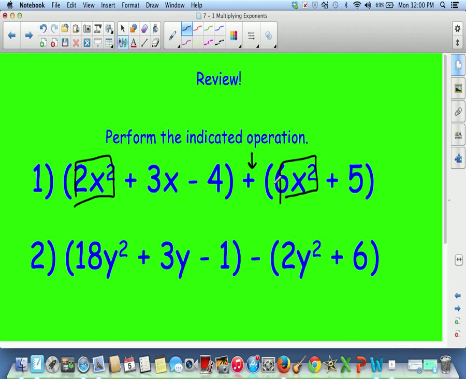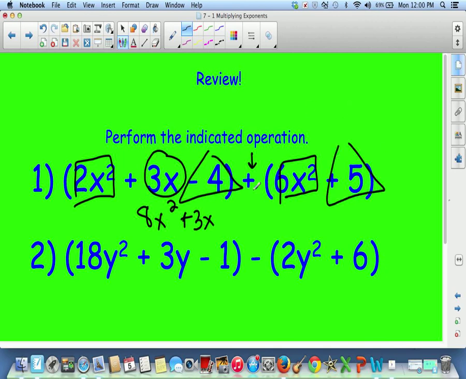So that's going to be my 8x squared. And then I have 3x, and that can't be combined with anything else, so I'm just going to leave it as 3x. And then I have a -4 plus 5, which is a positive 1. So that might be my answer for number 1.